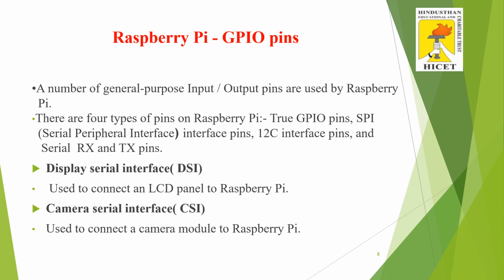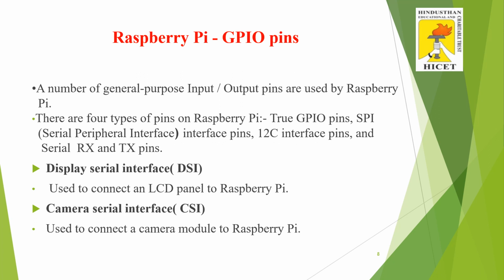And here are the general purpose input output pins used by the Raspberry Pi. There are four types of pins on Raspberry Pi: the true GPIO pins, SPI, that means the serial peripheral interface pins, I2C interface pins, and serial receiver and transmitter pins.